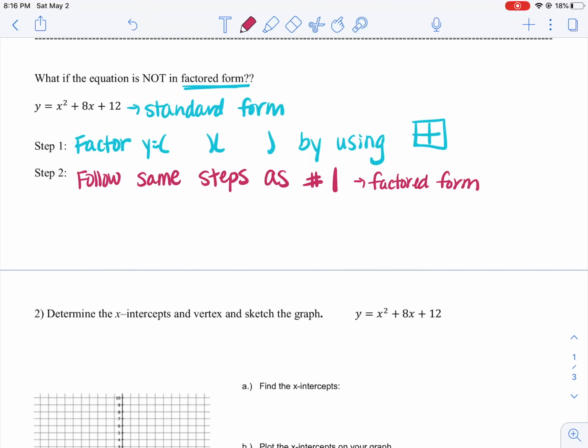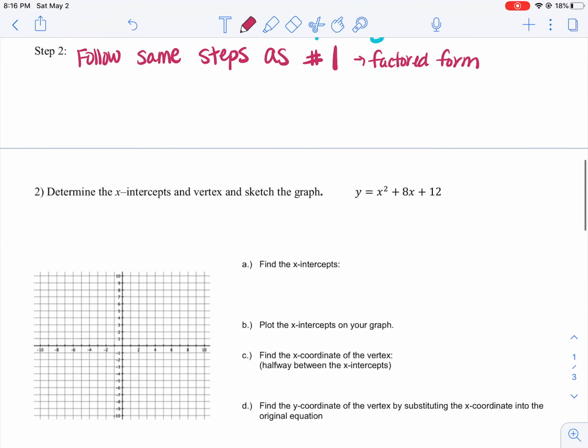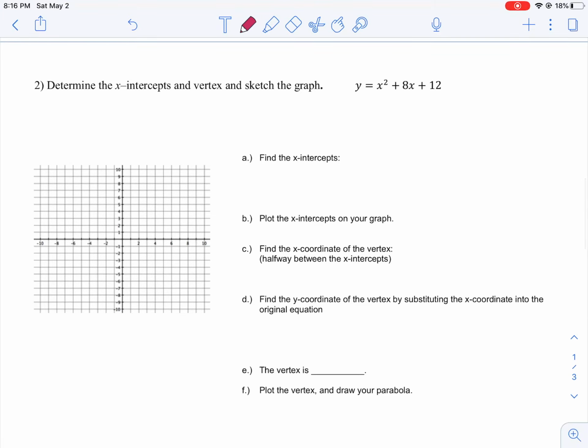So you need to factor first before you can follow the steps for the factored form. So let's do a question together. Number 2. It's in standard form, not in factored form, so we need to factor.